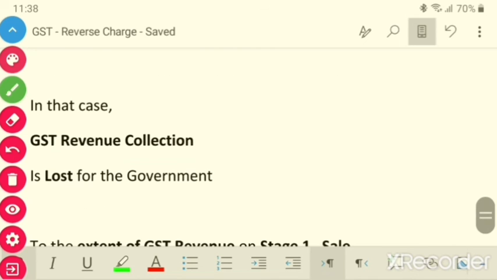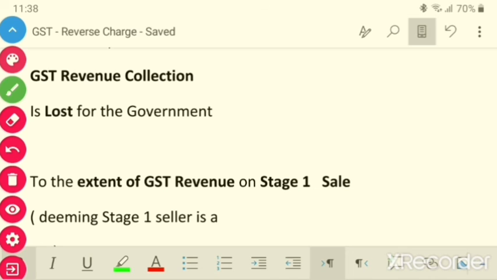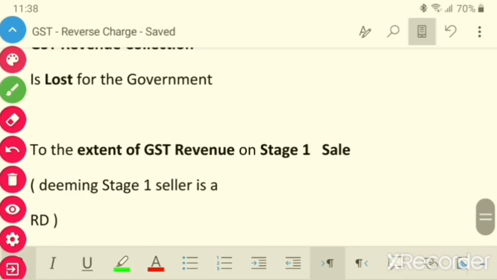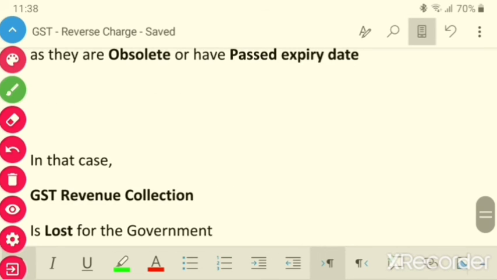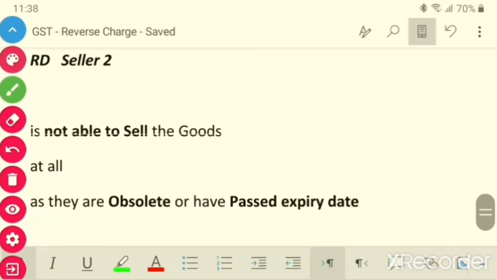In that case, GST revenue collection is lost for the government to the extent of GST revenue on stage 1 sale, deeming the stage 1 seller is an RD. See, let us take another example where seller 2 has purchased the goods. After some time, they have become obsolete or past expiry date. He is not able to sell the goods at all.